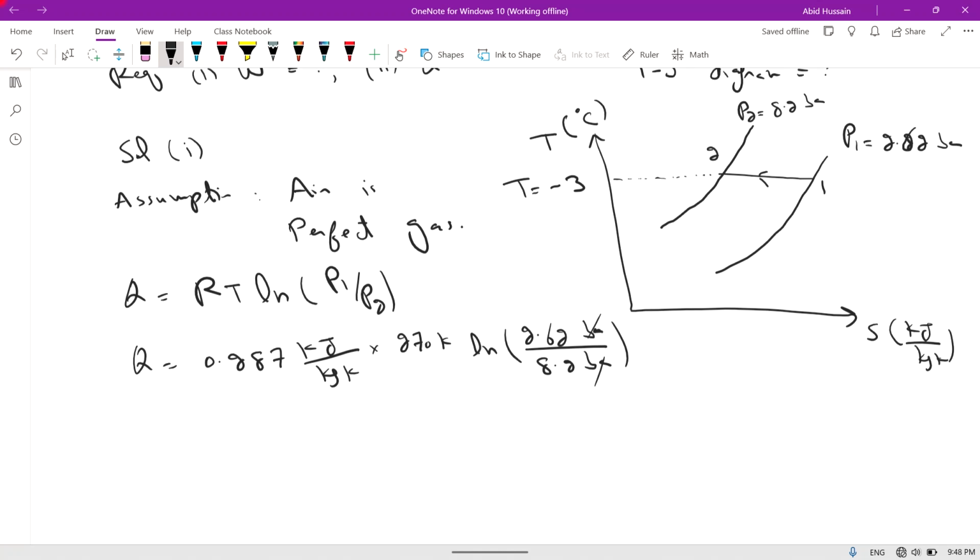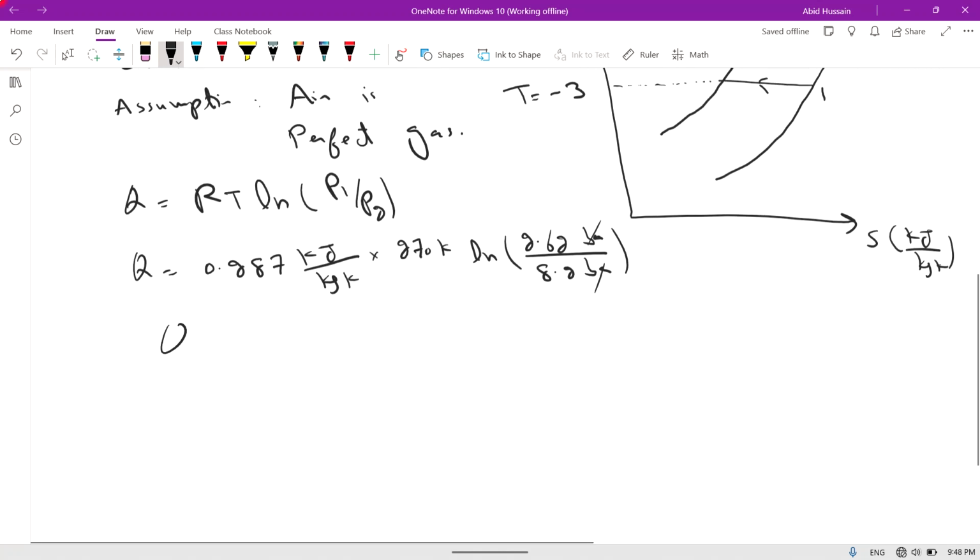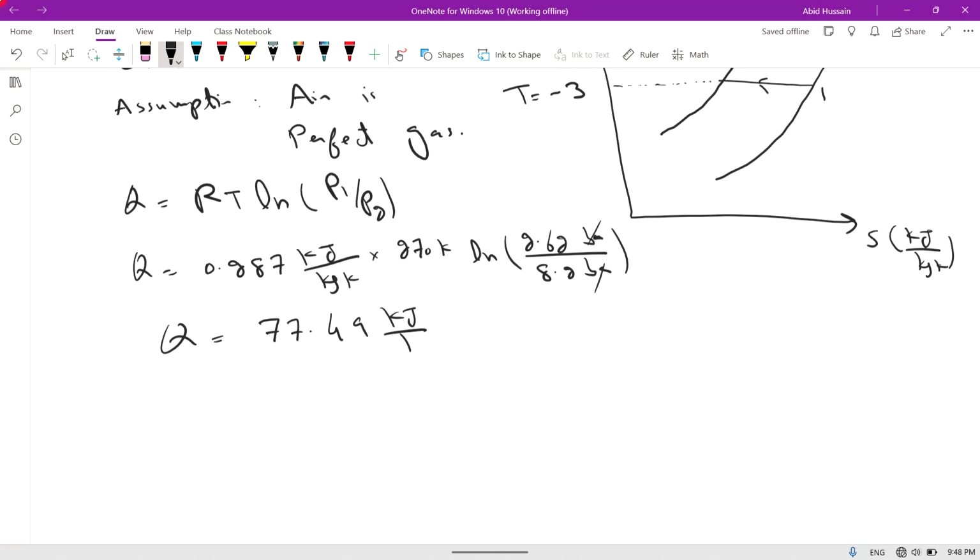This bar will be cancelled with this bar. So Q is equal to, multiply 0.287 by 270. So 0.287 multiplied by 270 is equal to 77.49 kilojoule per kilogram. This Kelvin is cancelled with this Kelvin. Multiply by natural log of 2.62 divided by 8.2, which is equal to minus 1.141.